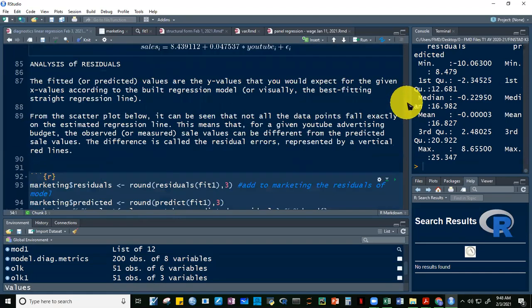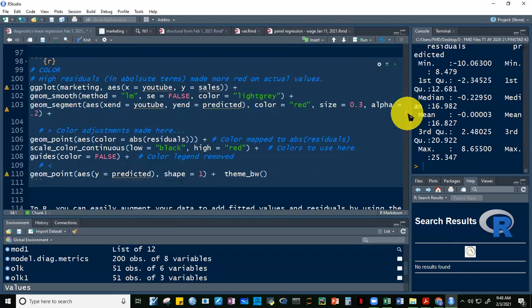So, back to our code. X end is YouTube, and Y end goes up to predicted. Color red. We add a size to our segment lines. Then we add color adjustments.